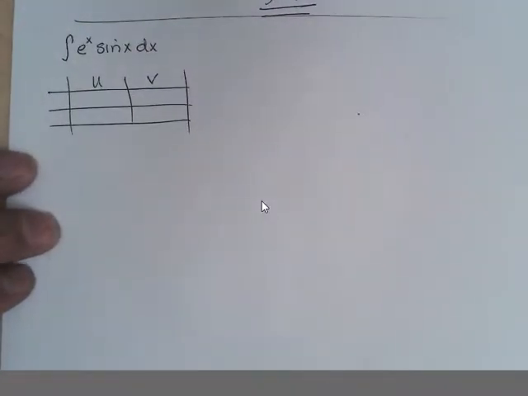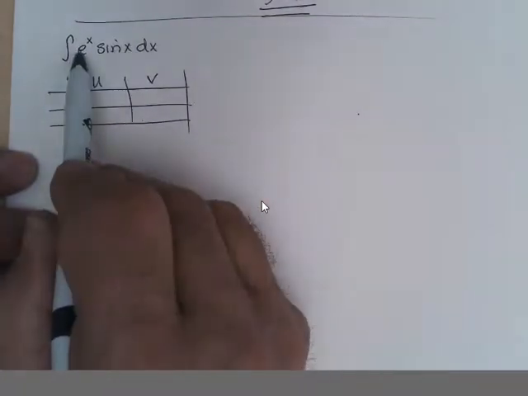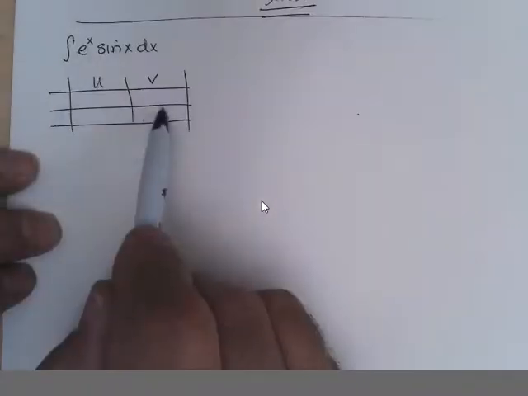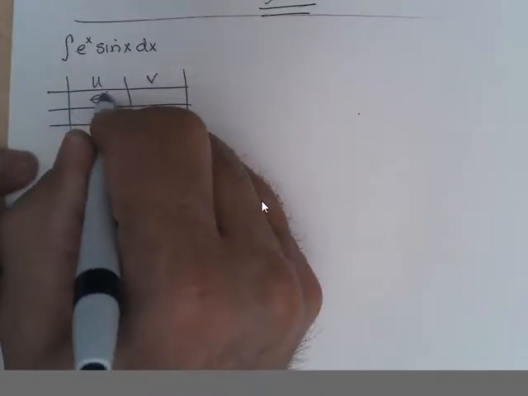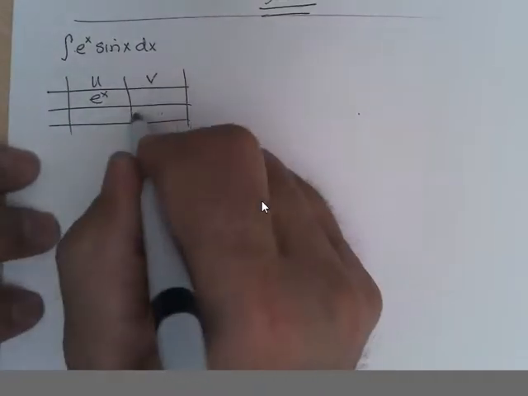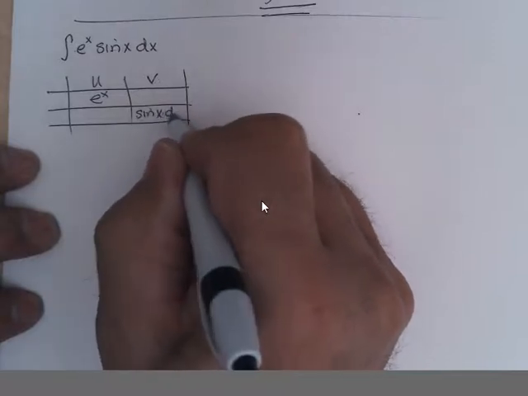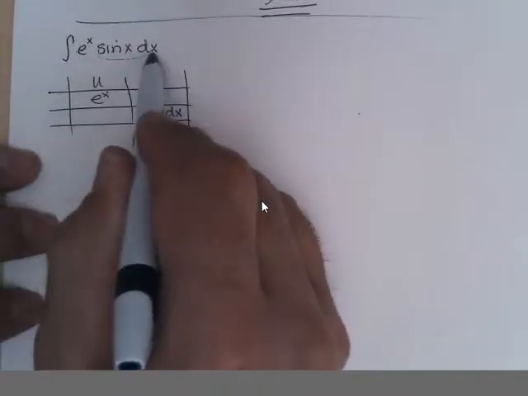So, I can take the antiderivative of sine x, I can take the antiderivative of e to the x. I can take the derivative of both of them, so it really doesn't matter which one I put in which spot. I'm going to put e to the x here, which means I'm going to put sine x dx down there. This is my v prime, and this is my u.